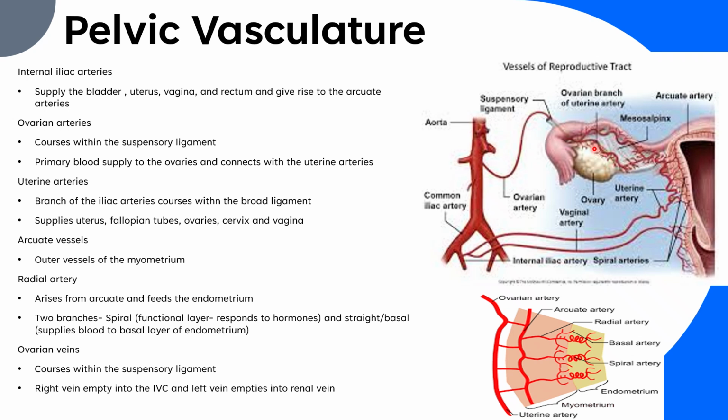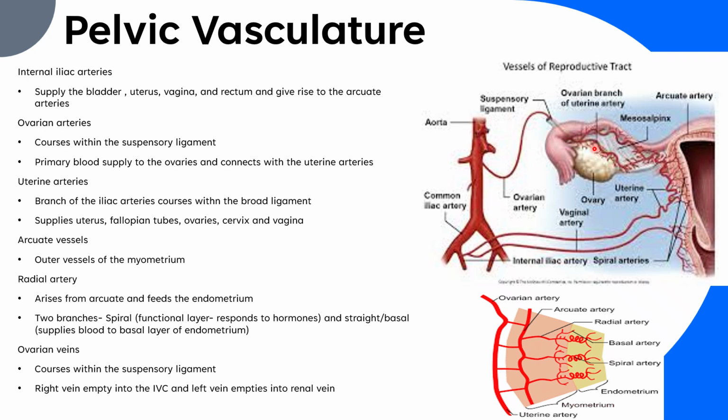They are not going to empty directly into the IVC. In fact, the only one that empties into the IVC is the right one. The left ovarian vein is going to empty into the left renal vein. So it is going to go up, empty into that left renal vein, and then come into the IVC. So that's a super key fact that you guys will need to know for your boards.